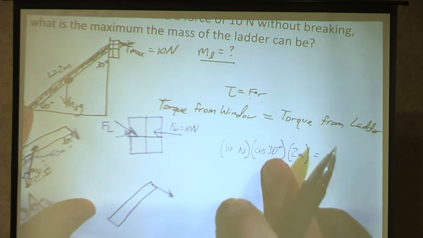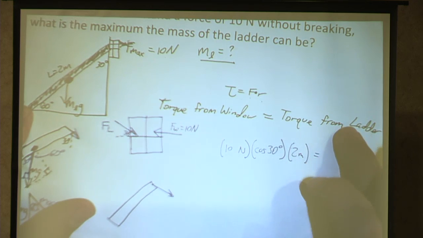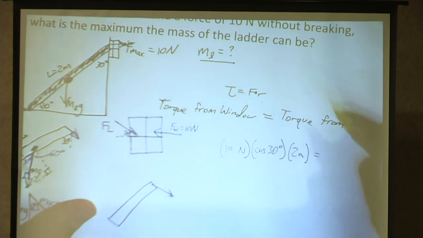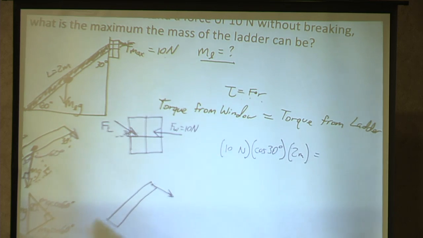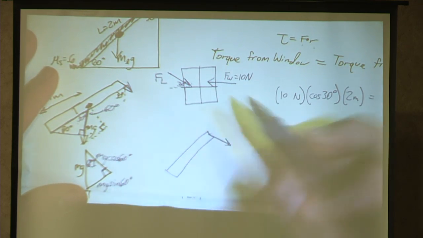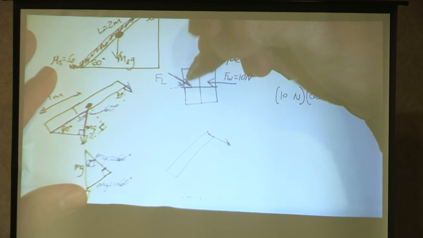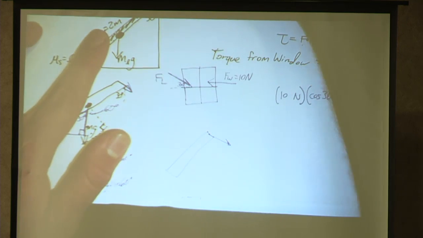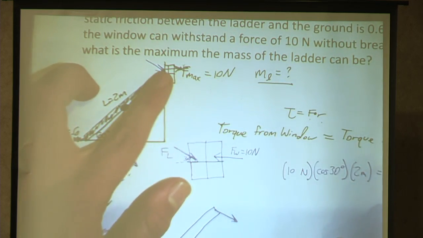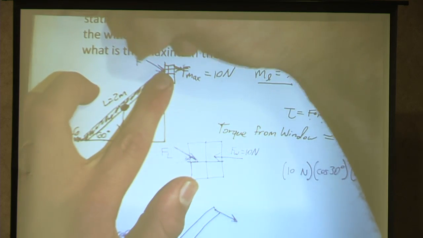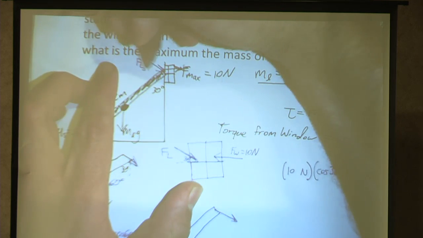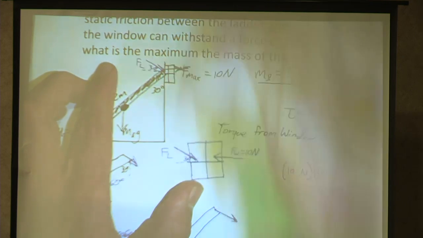And that's equal to torque of the ladder. So the ladder, that FL, we have over here. Okay? And that's because that force acts down there. We translated that over. That force is acting up there. That might be a little easier to recognize. So that's the force of the ladder right there. And that's acting down at that 30 degrees.